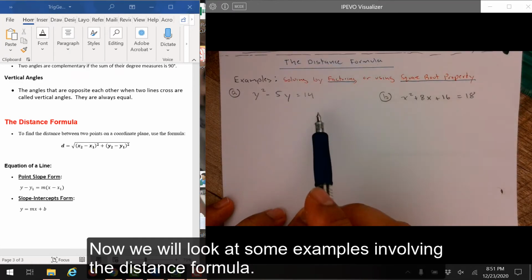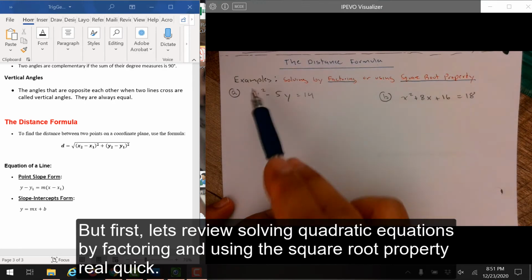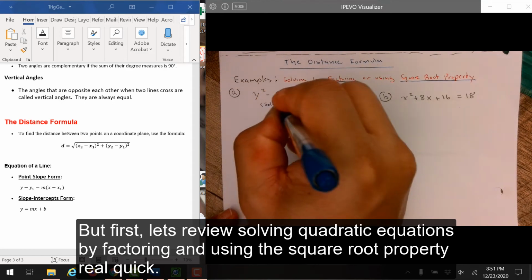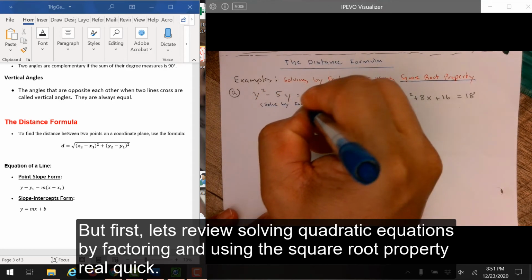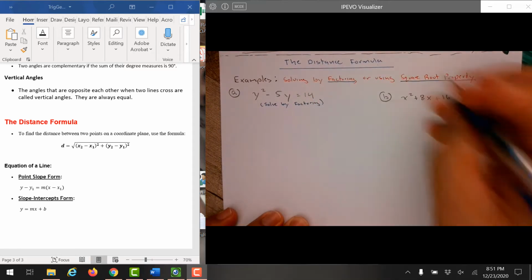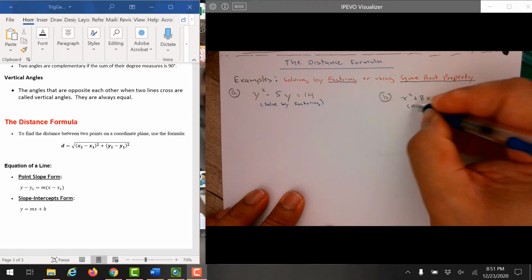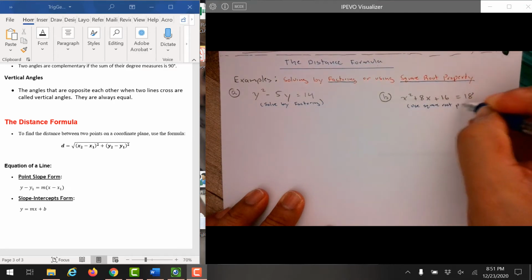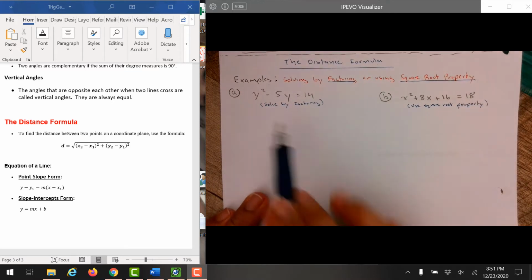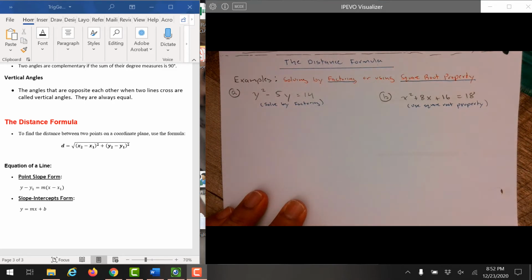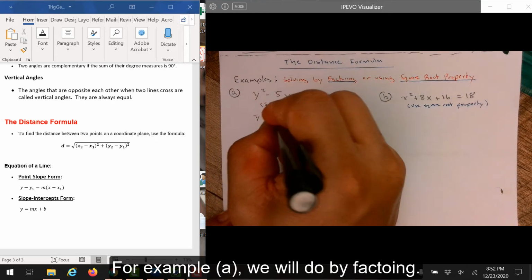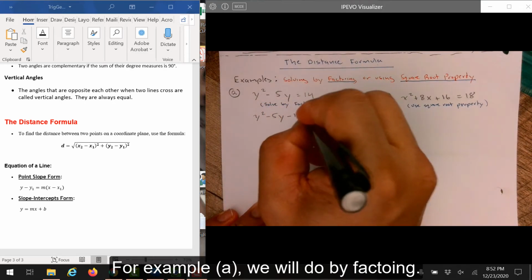Now we will look at some examples involving the distance formula. But first, let's review solving quadratic equations by factoring and using the square root property real quick. For example A, we will do it by factoring.